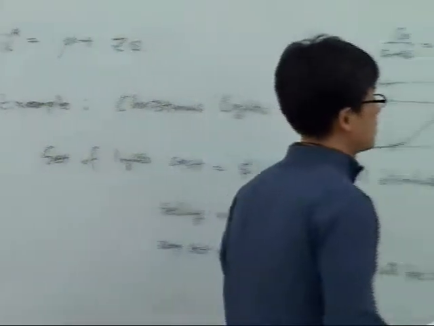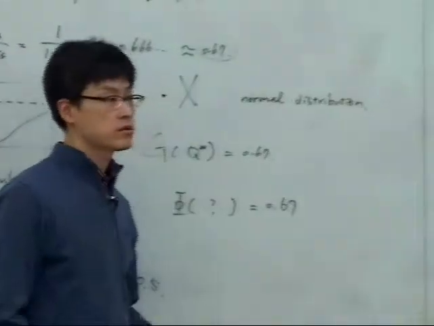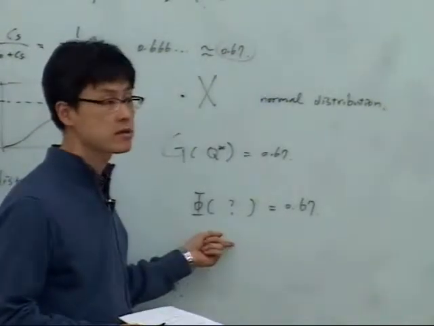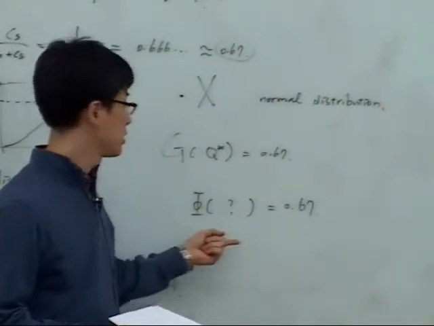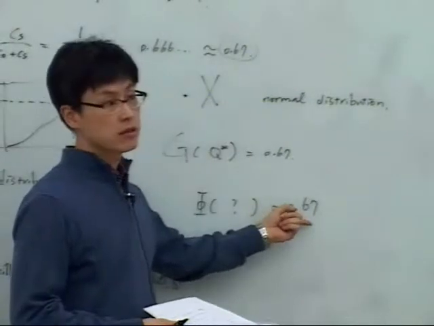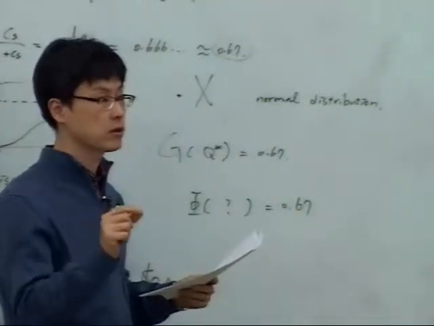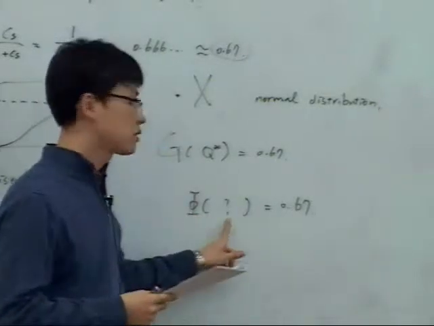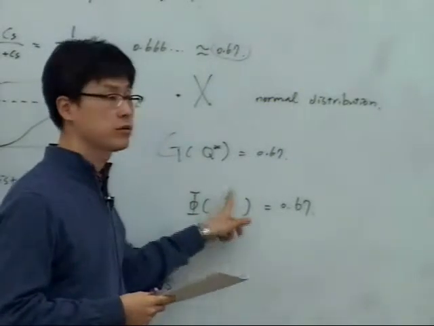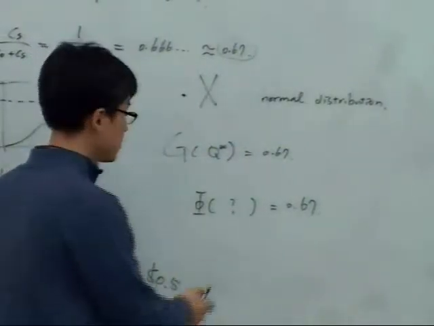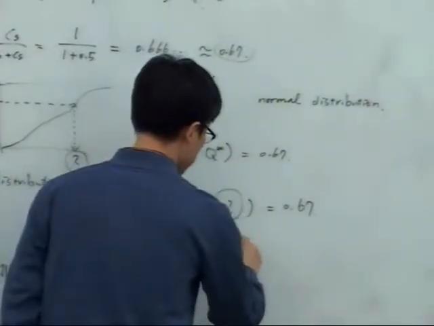Those tables are just pre-calculated functions of the standard normal distribution. So if you know this function value, you can search that value from the table and you can calculate those values.